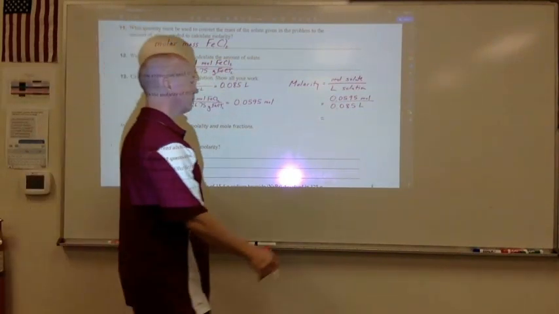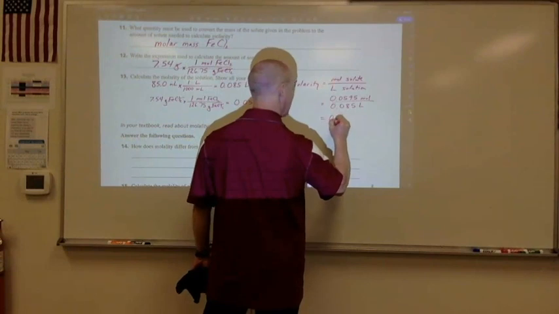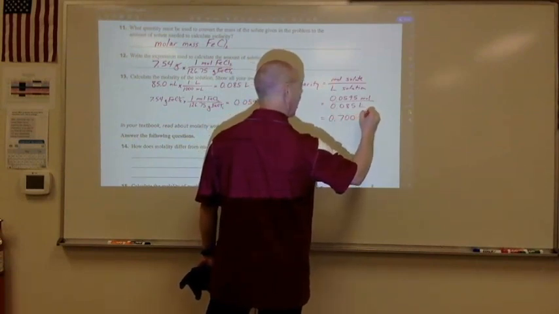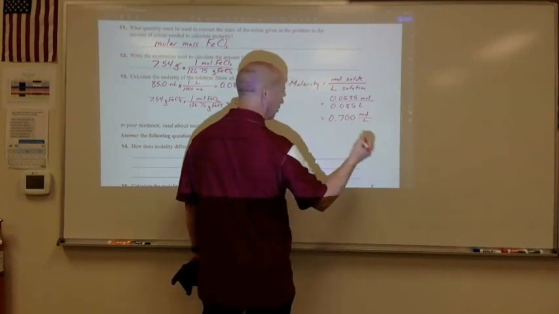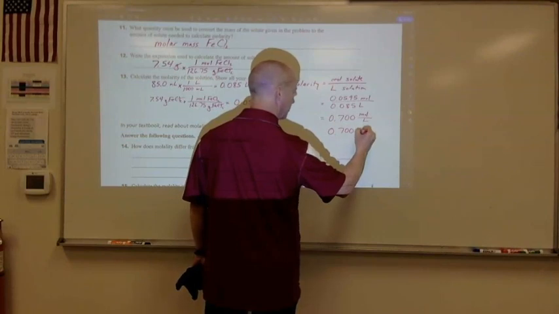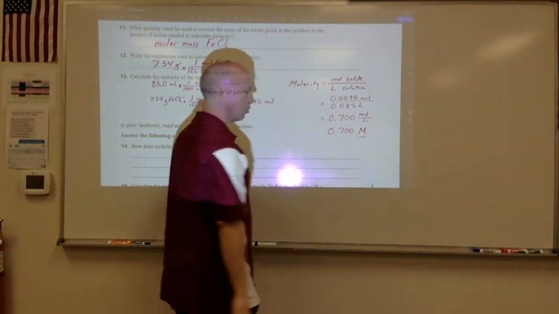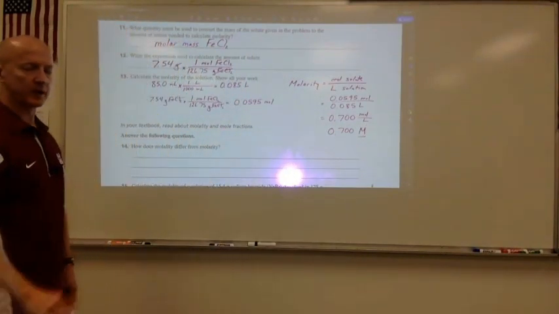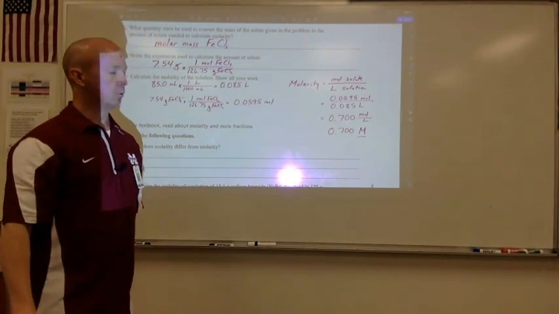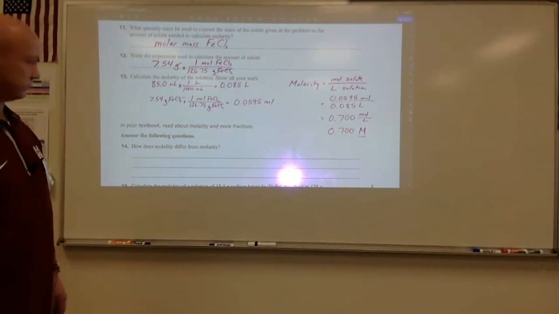Oh, well, that's nice of them. Okay, so that gives us 0.700 moles per liter. Or we can also say 0.700 molar. You don't have to underline the M. I'm just underlining it to show you we can use the units in that fashion.